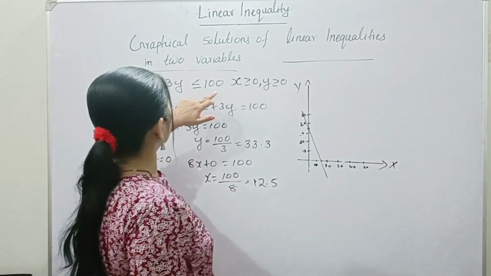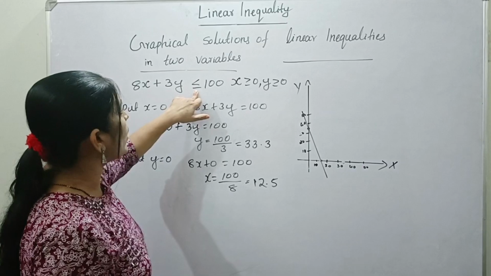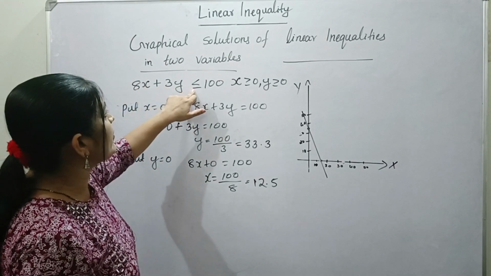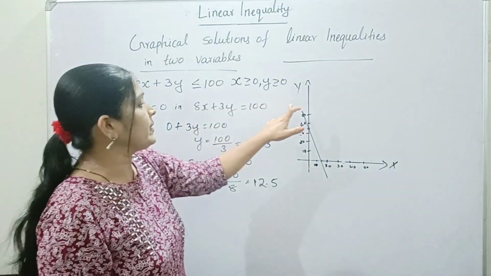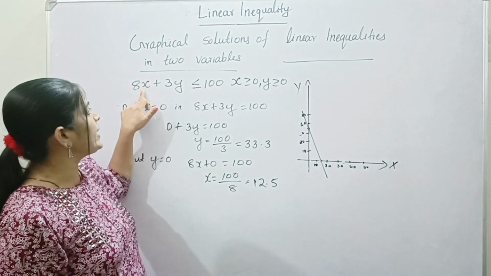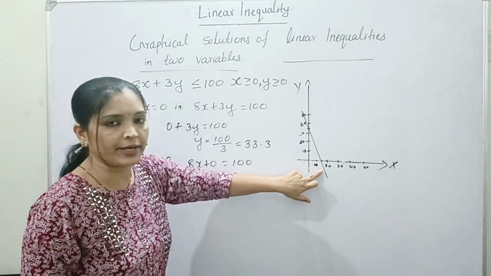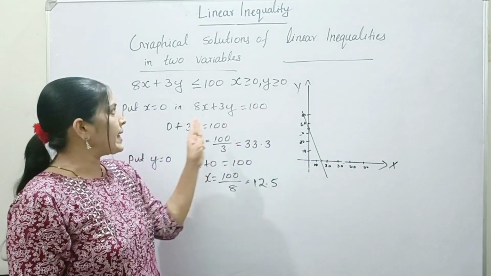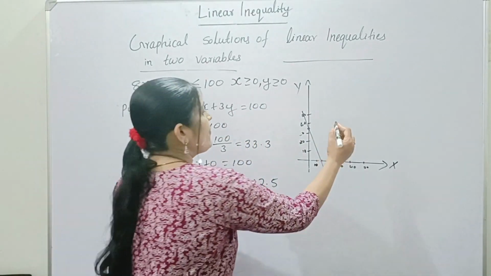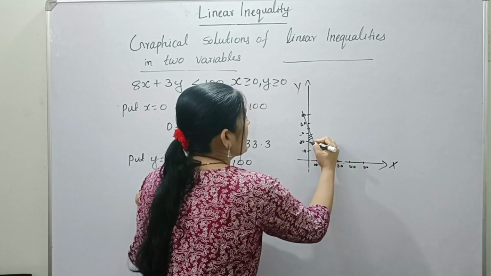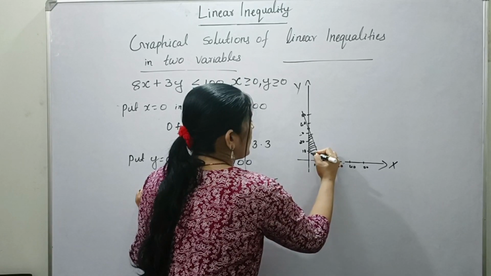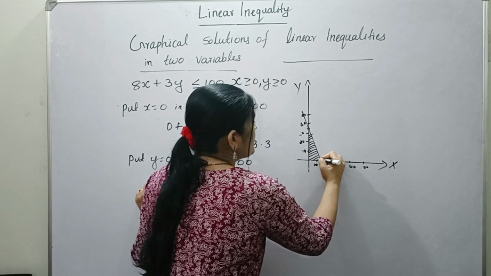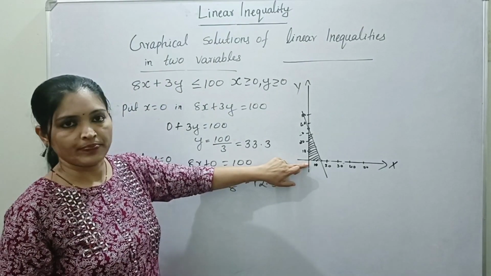Here our inequality is 8x plus 3y less than or equal to 100. This graph is nothing but 8x plus 3y is equal to 100, so it is less than or equal to. So our feasible region is in this region, that is, our solutions are lying in this region.